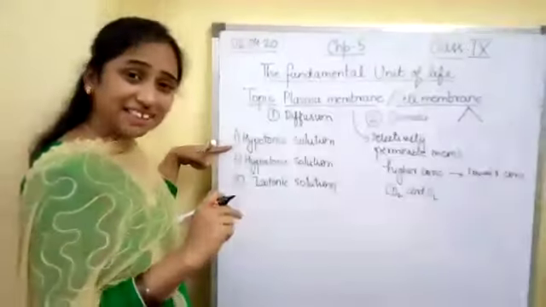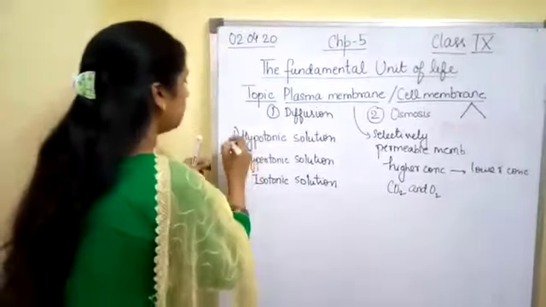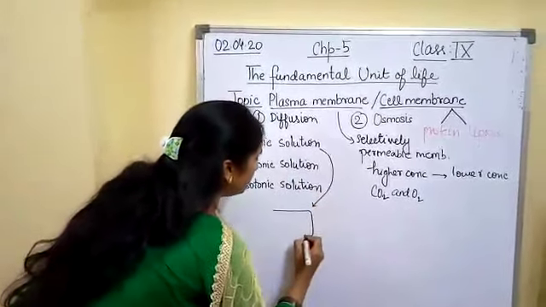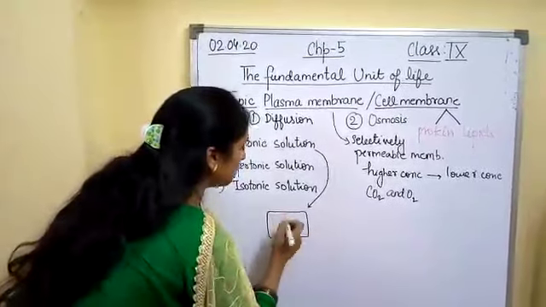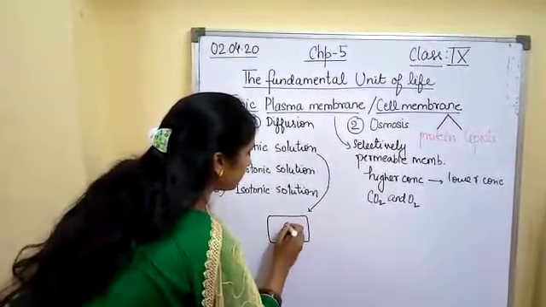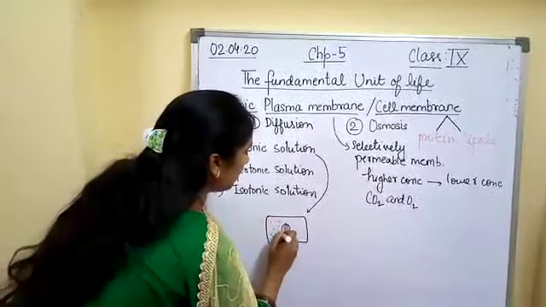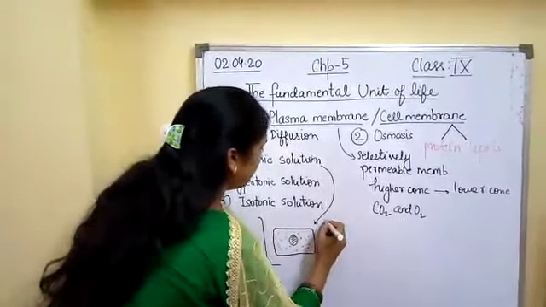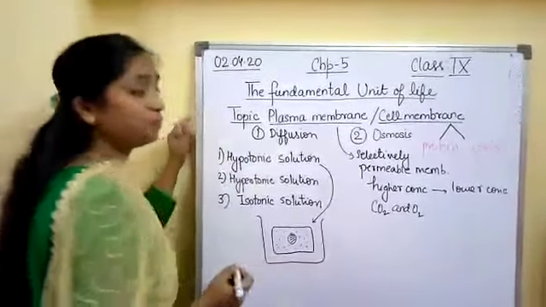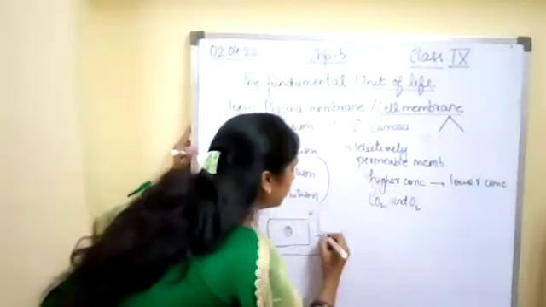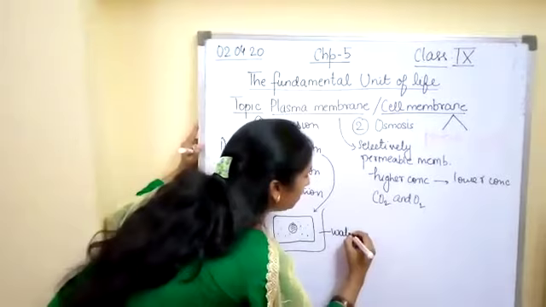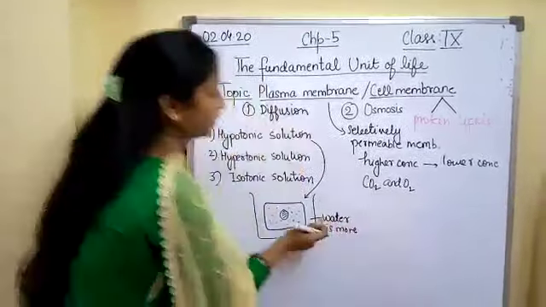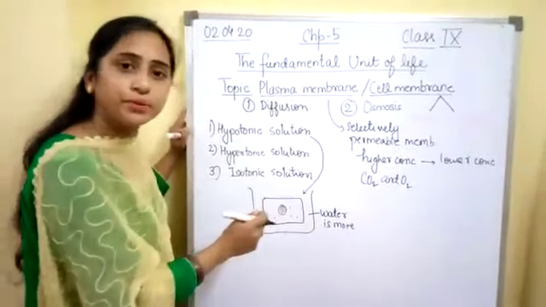So if your cell is in the hypotonic solution, what does it mean? It means this is the cell, plasma membrane, this is the nucleus and this is the cytoplasm. So if your cell is being placed in a hypotonic solution, that means in this solution water is more. That means the concentration of water will be more as compared to the cytoplasm.